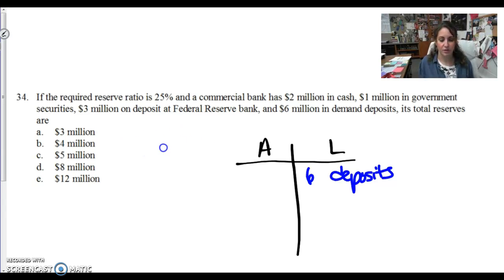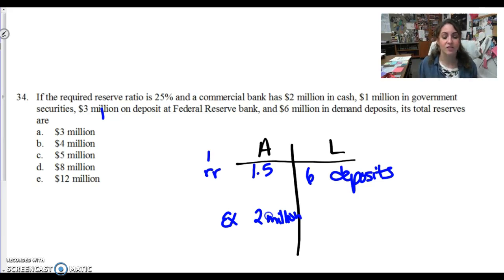So of the 6 million, 1.5 is going to be in required reserves. And then in excess reserves, it says 2 million in cash.